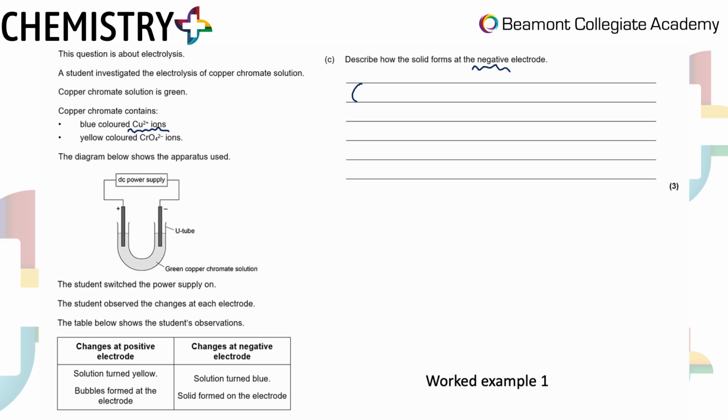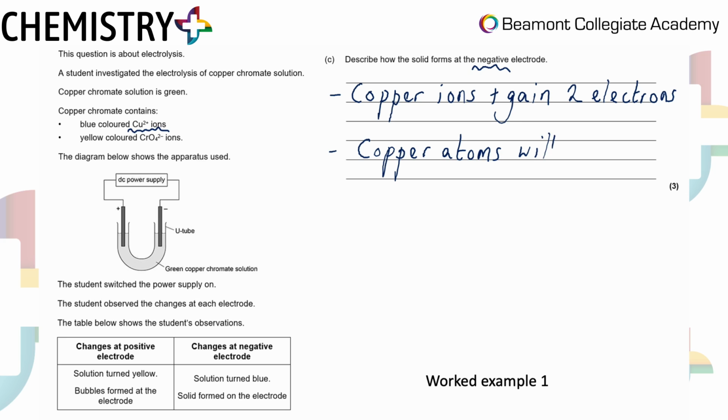So the copper ions will attract to the negative electrode and gain 2 electrons. And as the copper ions gain 2 electrons, copper atoms will form. That answer will gain you 3 marks.